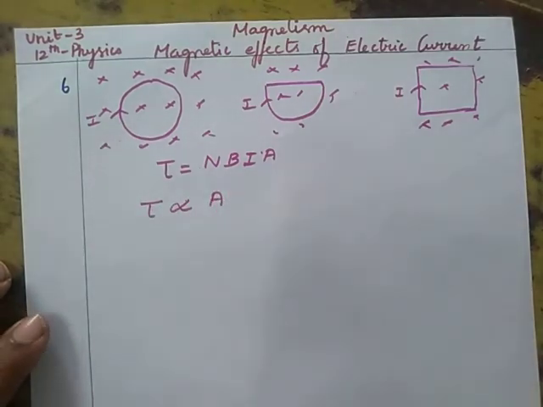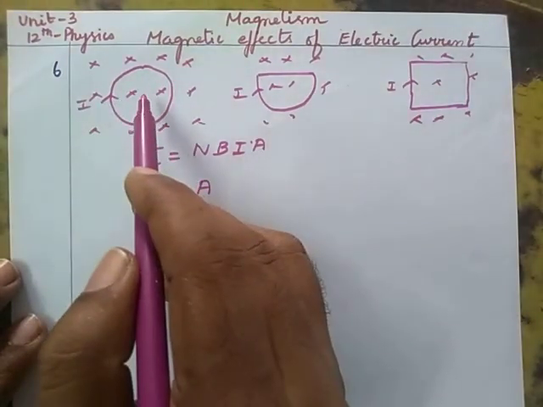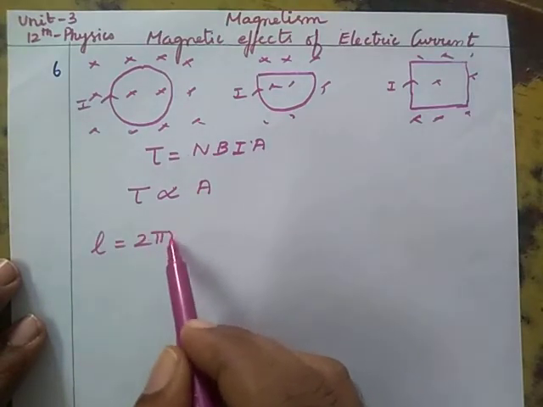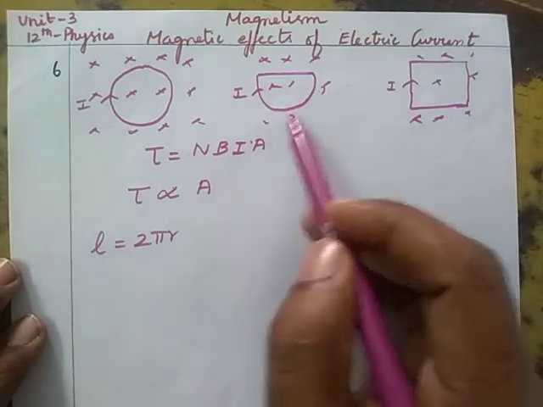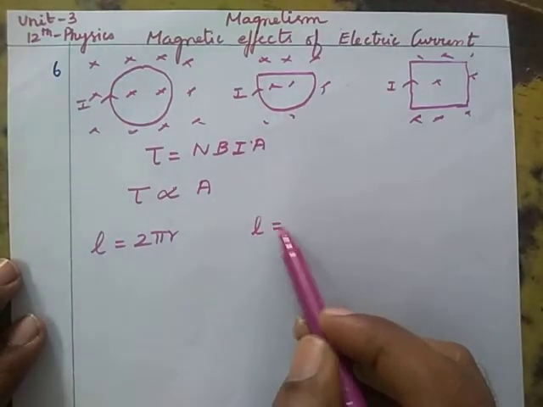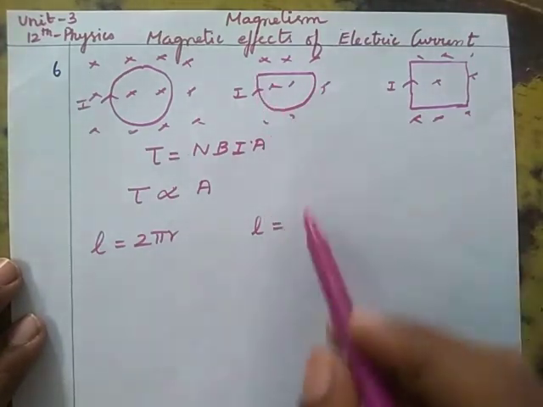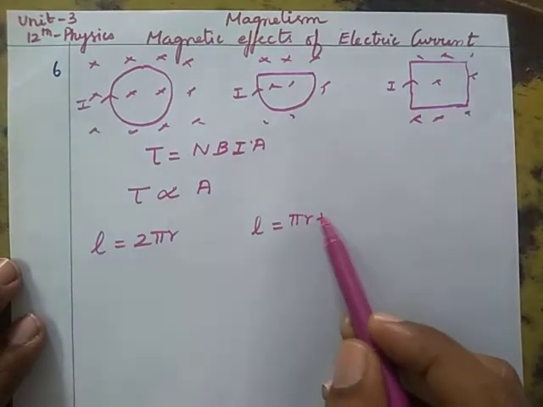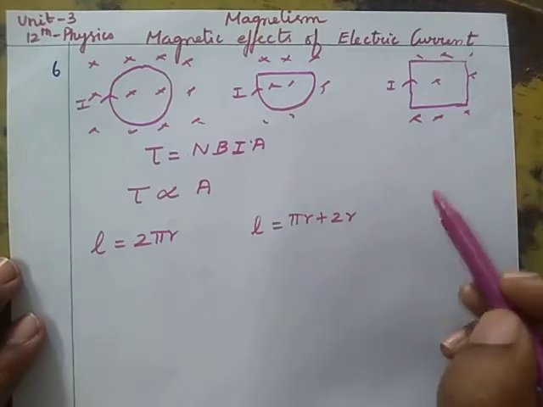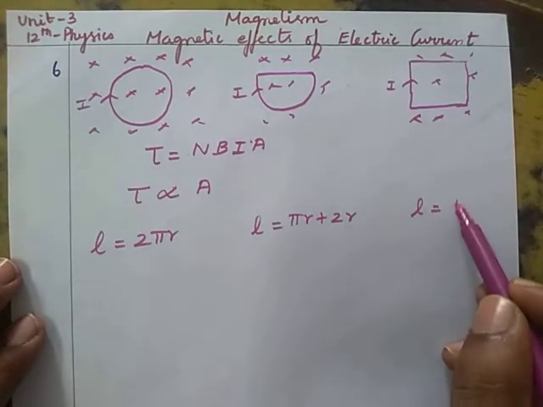Here the length of the circle can be written as the circumference of the circle, L is equal to 2 pi r. The length of the semicircle is the circumference of the semicircle, pi r, plus the length of the straight part, 2r. The perimeter of the square is L is equal to 4a.